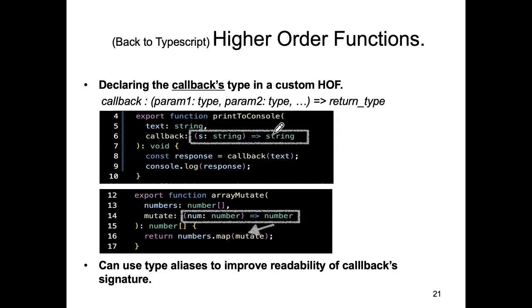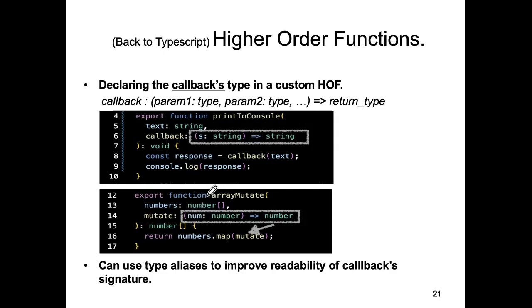What the function does, we don't care about in the declaration of the type of the callback, but the signature has to honor this. So that's the syntax that we use for declaring the type for a callback in a higher order function. As I said, the function doesn't do anything interesting.